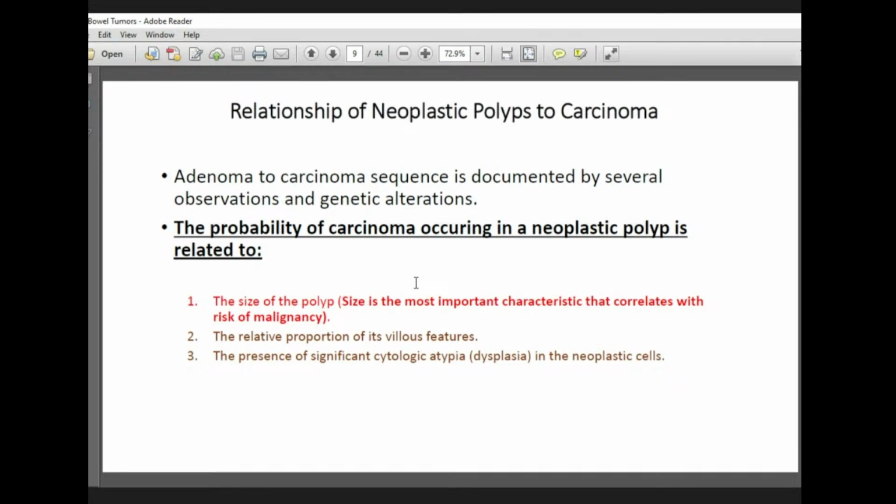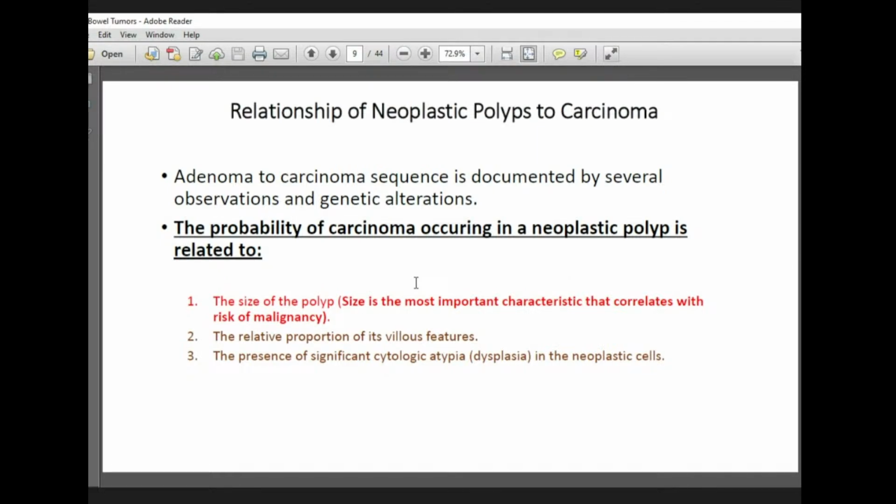So you should not stop your diagnosis with the adenoma. You must carefully look for whether it is a single adenoma or multiple, whether multiple ones are associated with a syndrome, whether there is dysplasia, and what the level of dysplasia is, whether mild or severe.